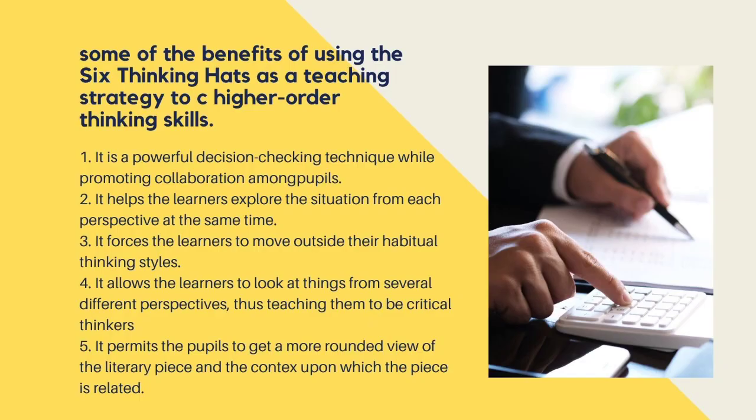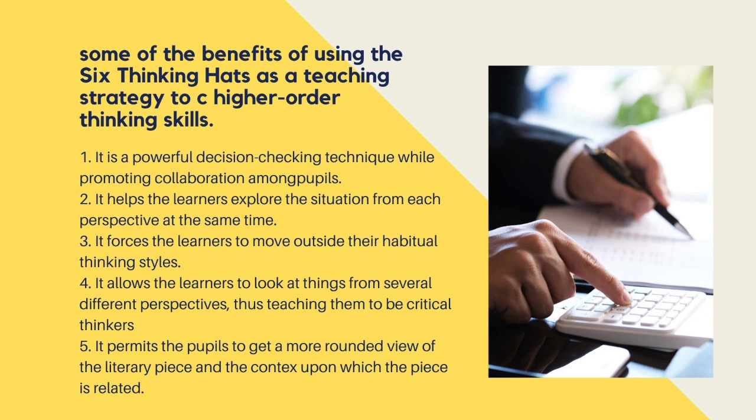Some of the benefits of using the 6 Thinking Hats as a teaching strategy to see higher order thinking skills. Number 1, it is a powerful decision-making technique while promoting collaboration among pupils. Number 2, it helps the learner explore the situation from each perspective at the same time.